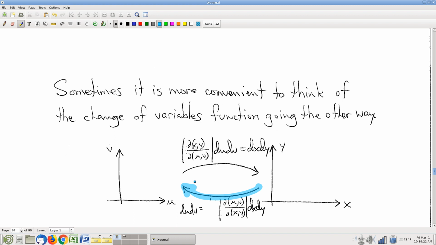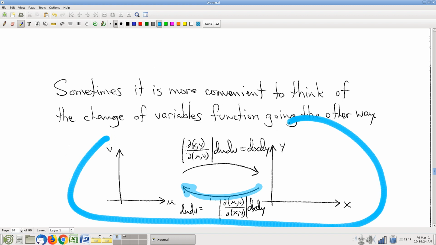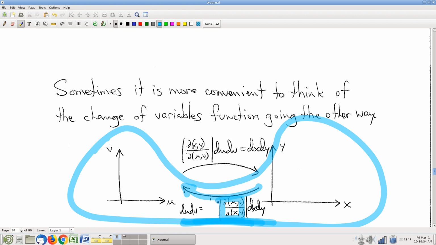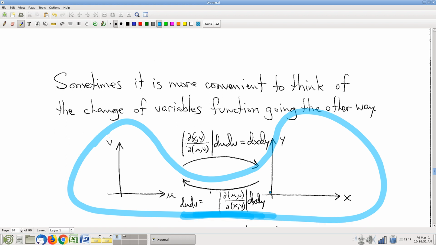If you think of u and v as functions of x and y, here's what the stretching factor says. The stretching factor is what you multiply by the input differential of area to get the output differential of area. So when you invert your stretching function, when you go backwards, the stretching factor just kind of goes the other way.